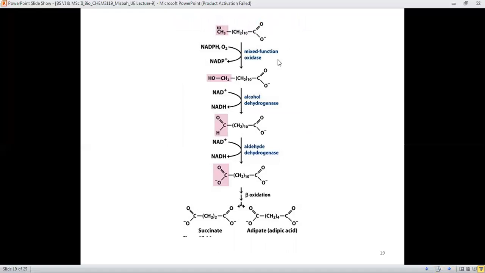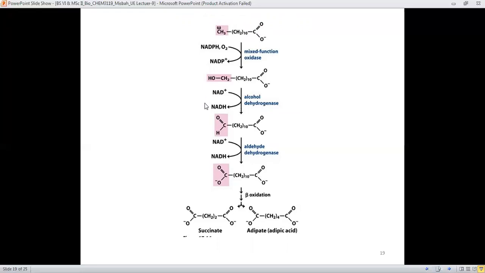Here is the pathway where only the omega carbon is highlighted. By mixed function oxidase enzyme, there is oxidation of this alkyl group into the alcoholic functionality. Then the enzyme alcohol dehydrogenase comes, and what it has done over here is remove this hydrogen.